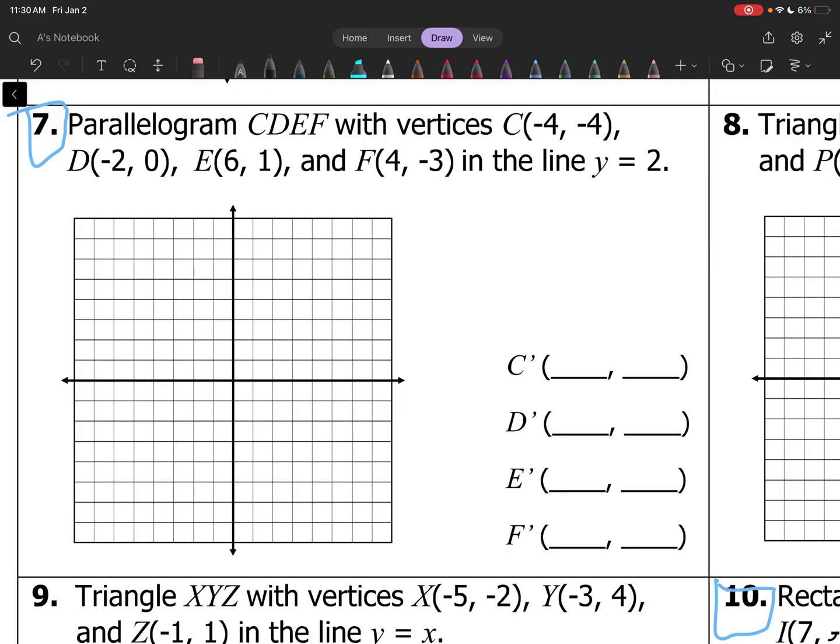Parallelogram CDEF has coordinates negative 4, positive 4, negative 2, 0, 6, 1, and 4, negative 3.